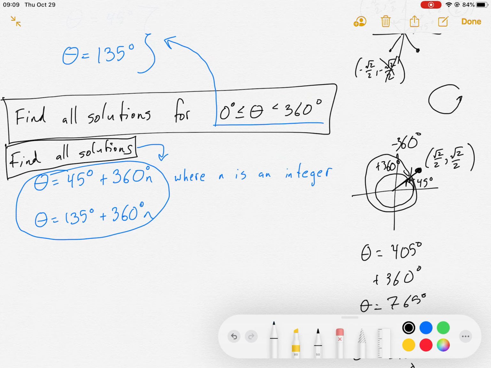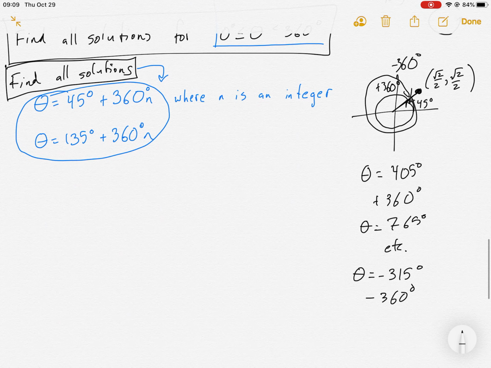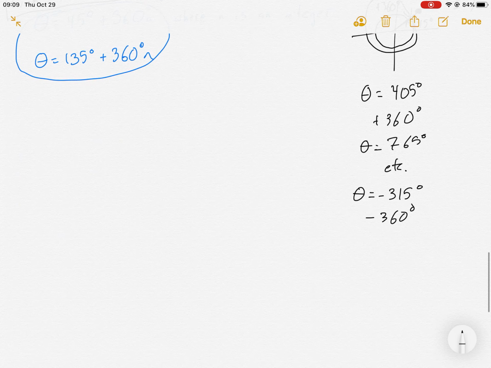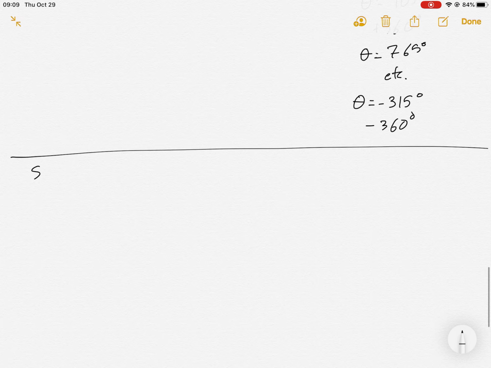So let's do another example immediately just to kind of see how this would apply. Let's say we wanted to solve for theta. So maybe we would have, let's do cosine of theta equals negative 1/2.